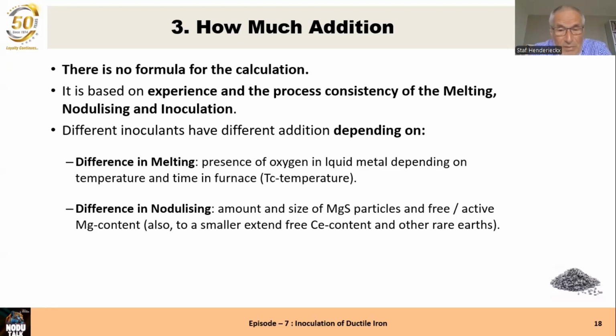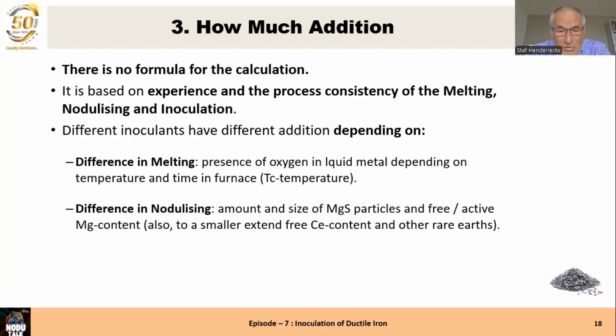Why? We need to make silicon oxide. And if you are too long on high temperature above the TC temperature, as we have seen before, then your oxygen is out of your metal and you will have big problems to get the correct number of nuclei. It's also different due to the nodulizing, because as we said, we need silicon oxide, but we need also magnesium sulfur mainly.